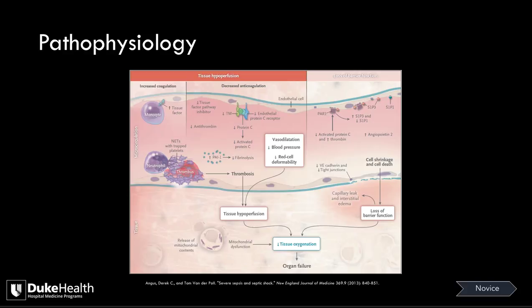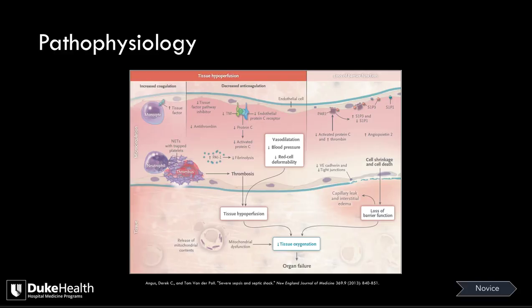It is important to note that although we know quite a bit about this on a basic science level, there have been a number of trials looking at trying to target specific facets of these cascades, and a lot of those studies have been negative in terms of us being able to restore the non-septic state.